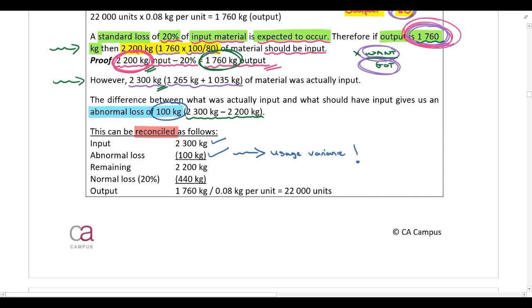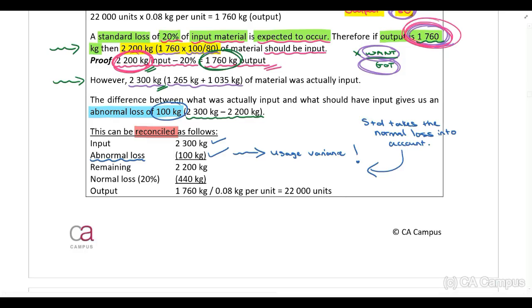With the calculations, I'm going to prove to you that the standard always takes the normal loss into account. So if the standard always takes the normal loss into account, any usage variance that you calculate is going to be an abnormal loss. And I'm going to prove that through our calculations.